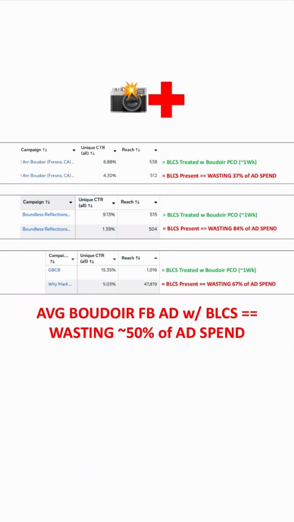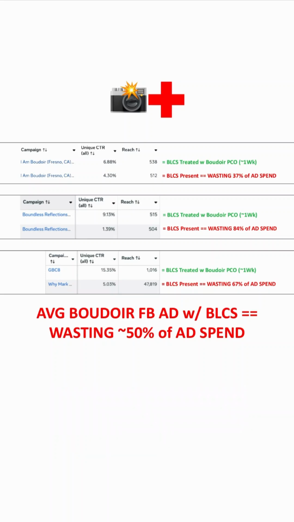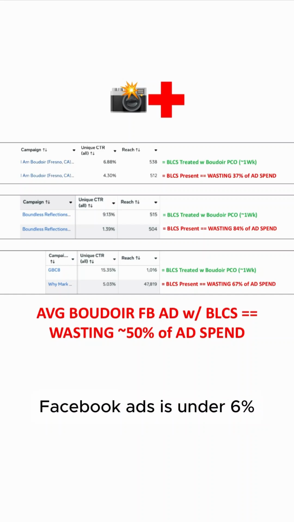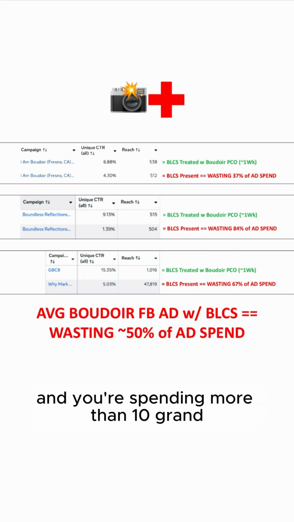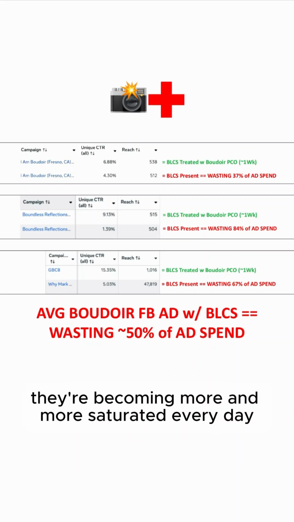Now, if you're a BLCA, a Boudoir low-click advertiser with BLCS, so your unique CTR of your Boudoir Facebook ads is under 6%. And you're spending more than 10 grand a month on Boudoir Facebook ads. And you've looked at the marketplace, you're seeing it become more and more saturated every day.